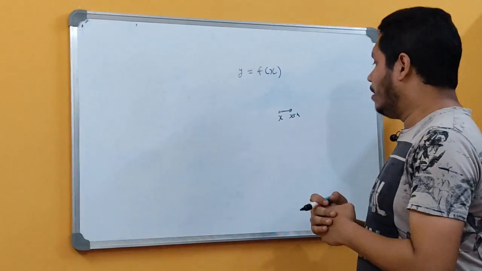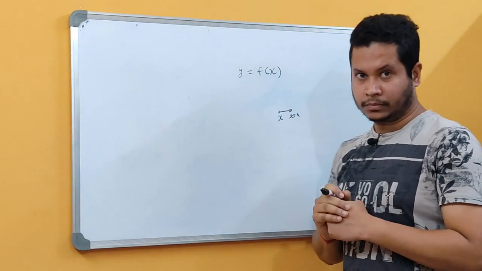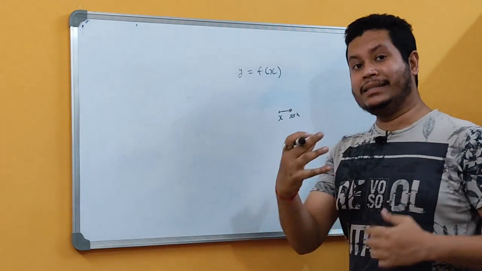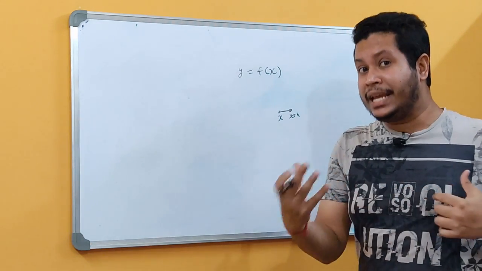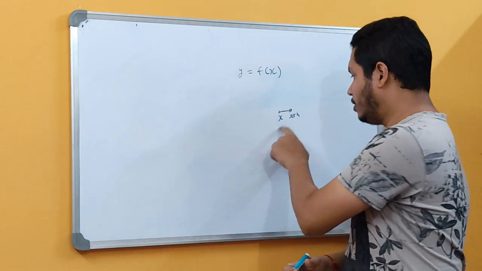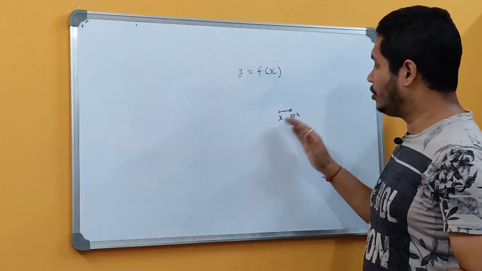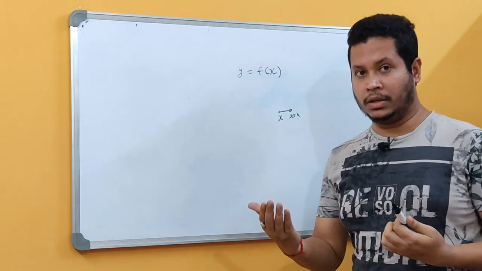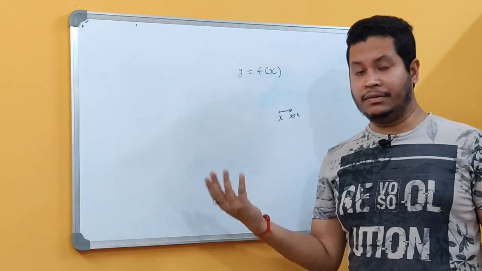Now if I want to know, for these 2 particular points, what is going to be the change in their outputs? If these two are in the domain, so if these two are the inputs, then for these 2 inputs, what is going to be my output? If I want to know what is the change, then that rate of change is the derivative, we already know.